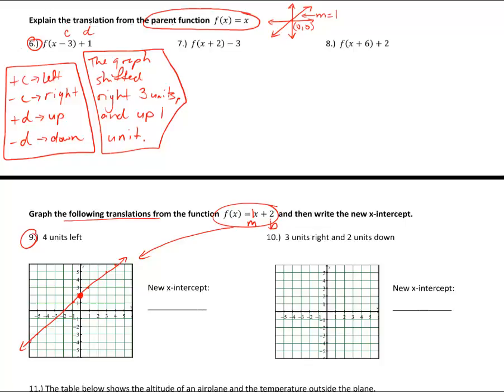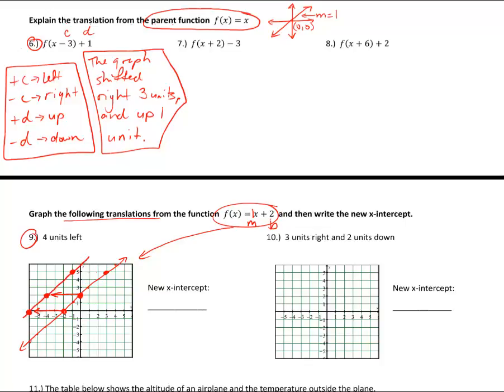But now for number 9, it tells you to go 4 units left. So all of those points we just created will go 4 to the left. So this point will go 1, 2, 3, 4 to the left. This point will go 1, 2, 3, 4 to the left. So that's good enough, guys.